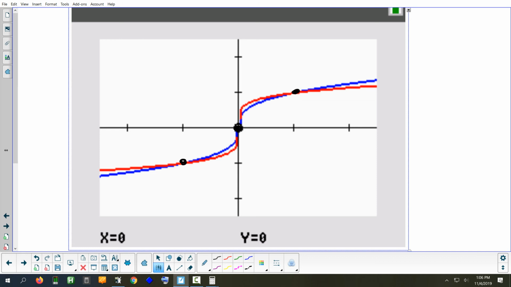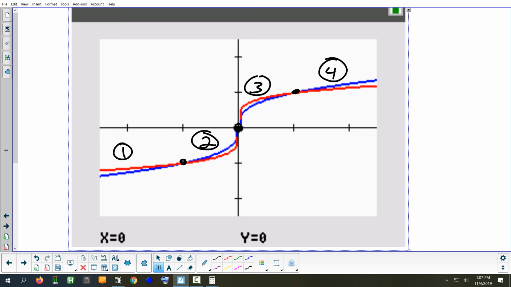So what that basically does is it breaks this into 4 sections. Section 1 is less than -1. The next section is between -1 and 0, then between 0 and 1, and then greater than 1. So we got all the points where they cross.